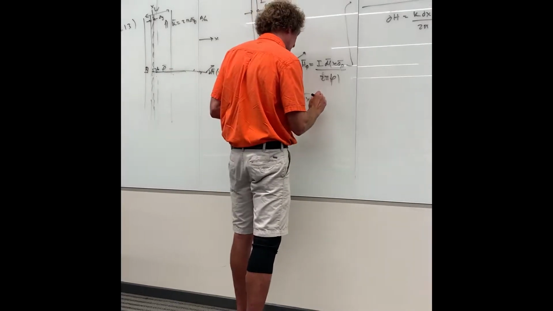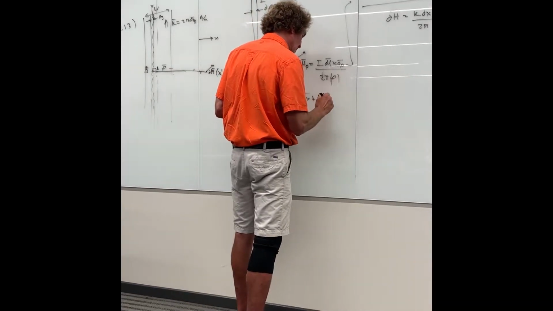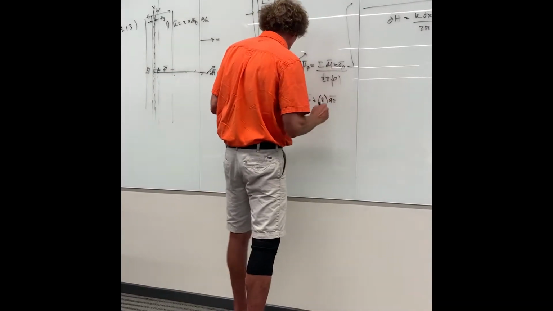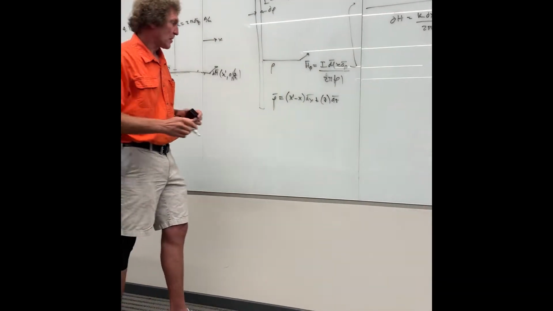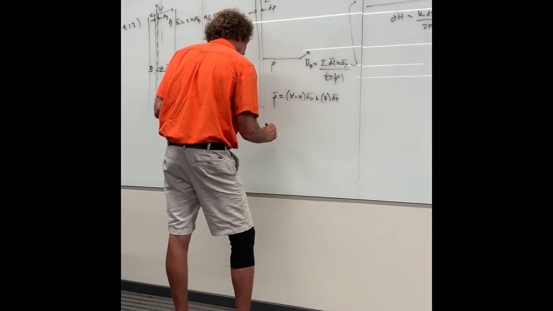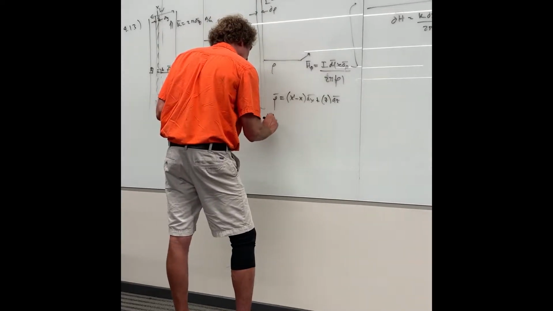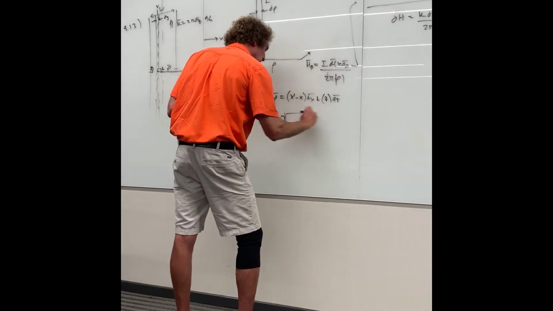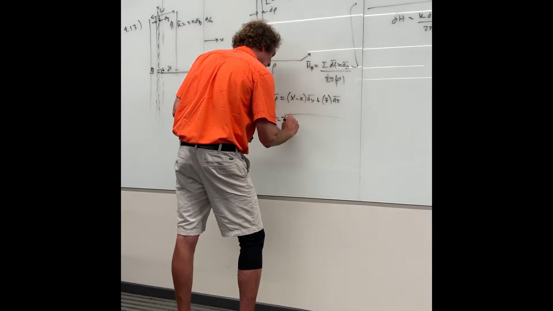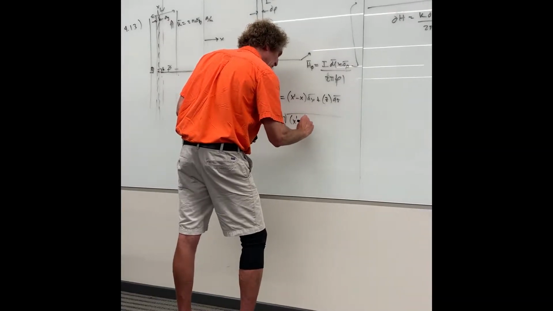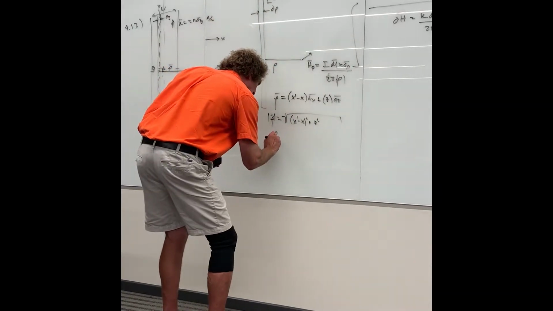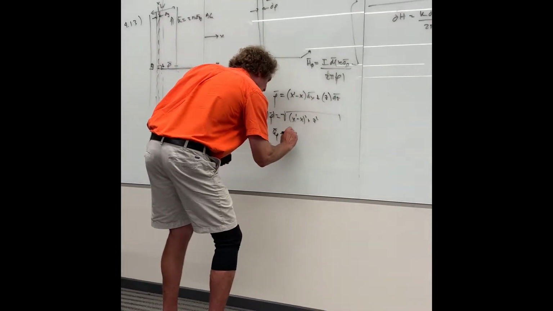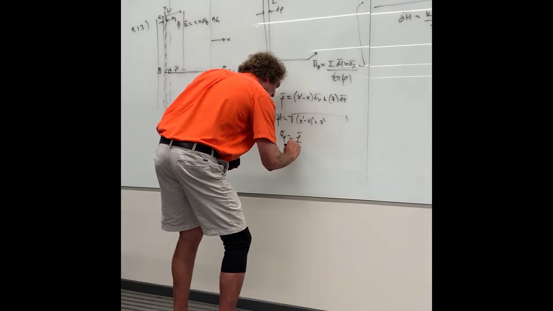It's z minus 0, or just z, a_z. So that's my rho, right? Now, the magnitude of rho, of course, would be equal to simply the square root of (x prime minus x) squared plus z squared. And then my unit vector a_rho is simply equal to rho over rho magnitude.